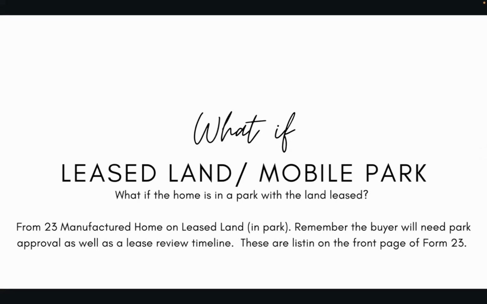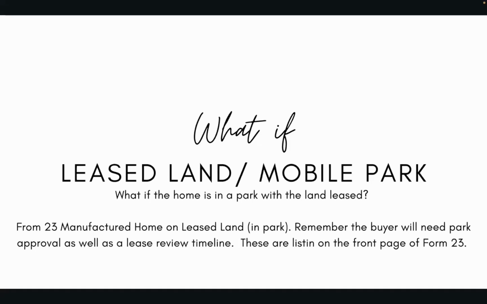What if you have a leased piece of land, like in a park, and the manufactured home is not going to be attached to the leased land necessarily? We're going to use a Form 23, which is a manufactured home purchase and sale agreement for leased land.